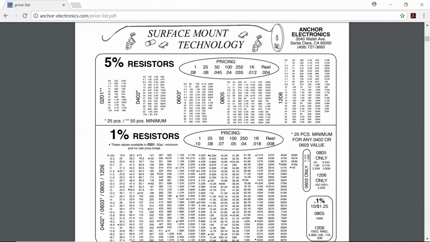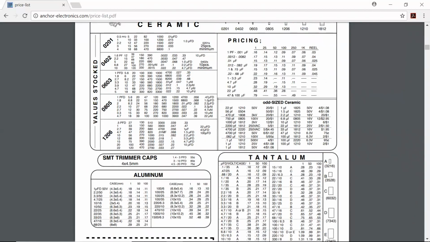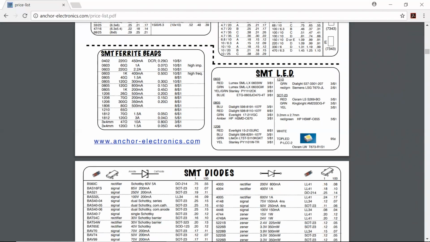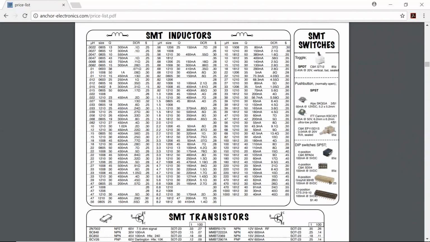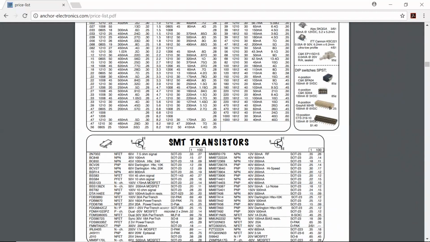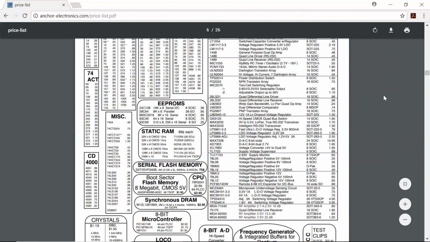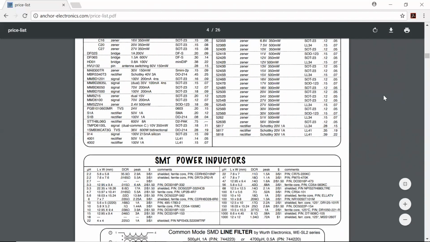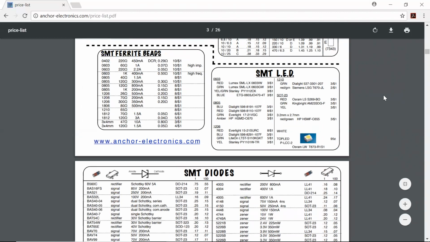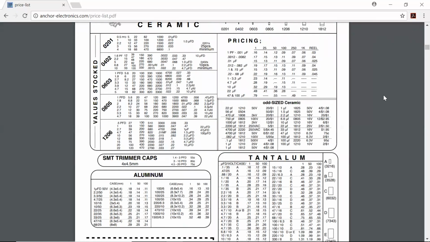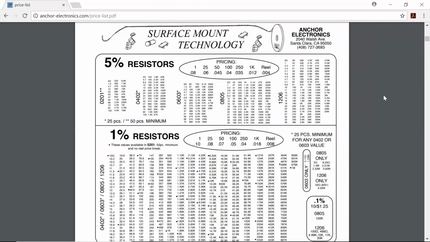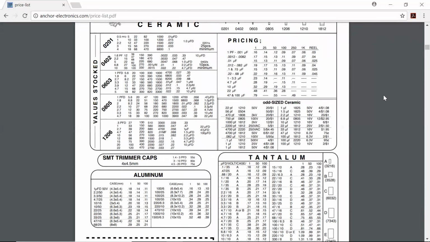You don't have as many choices, but with the 1% resistors, you have more choices. And then they have through hole, and you can buy your inductor. But that chart right up here, and then you find the capacitor. Somewhere the capacitors should be listed.